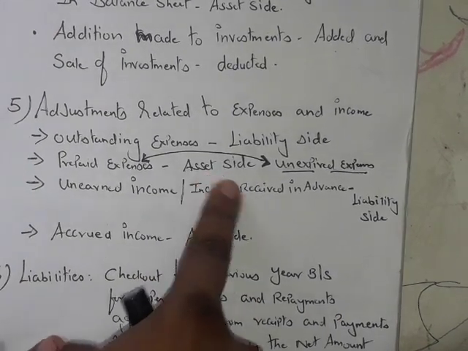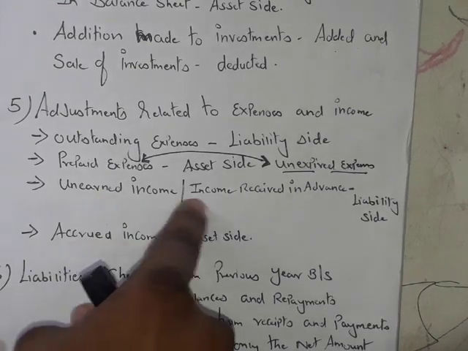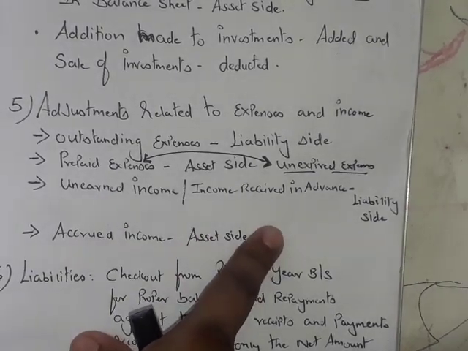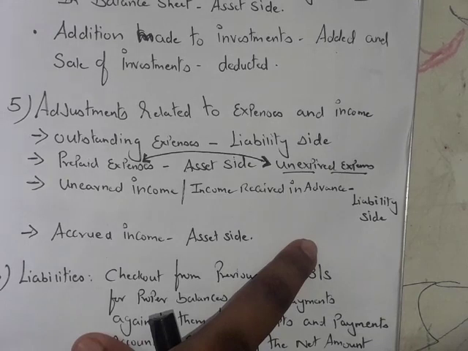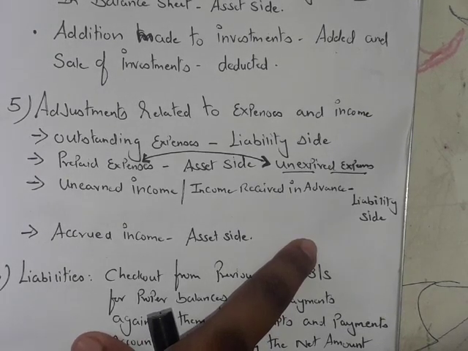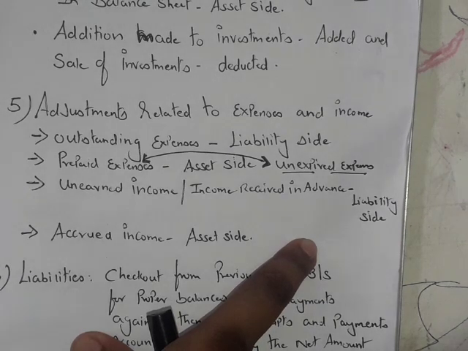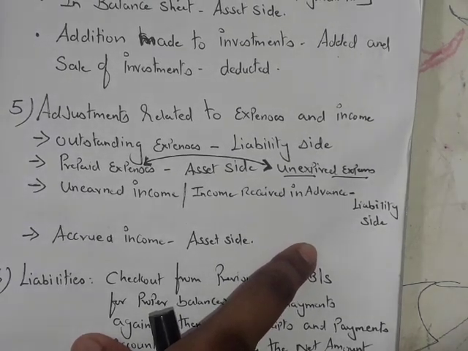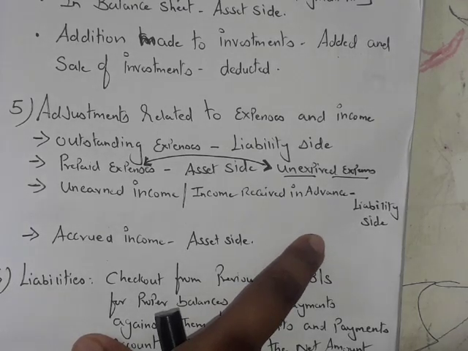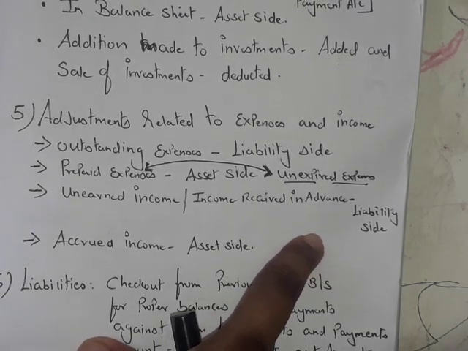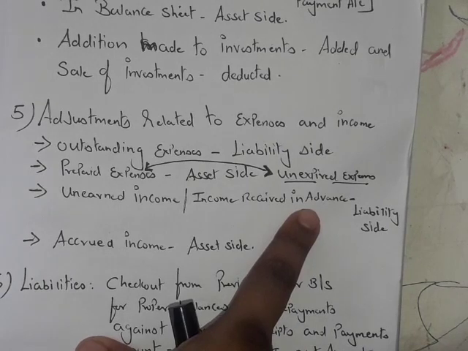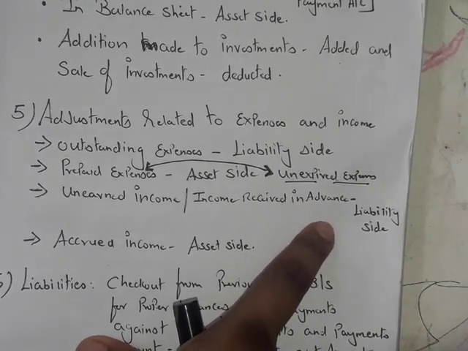The next one is unearned income or income received in advance. Without rendering your service, if you have received the payment for the service, then it becomes income received in advance. Now, in this situation, it is the obligation of the management, that is the organization, to render the services for the income received in advance.